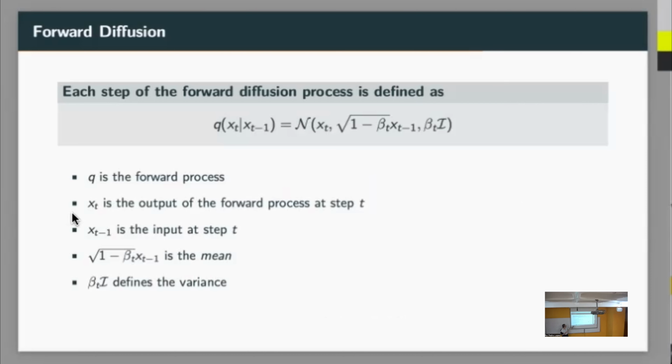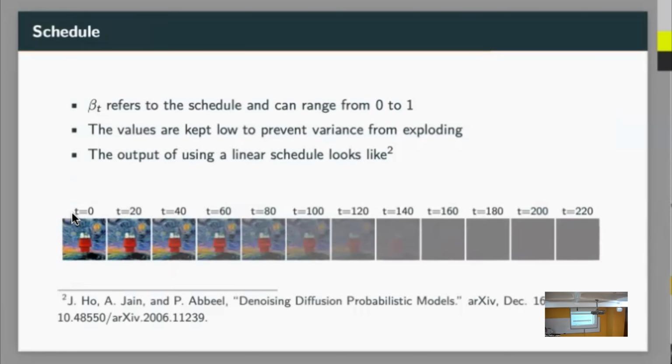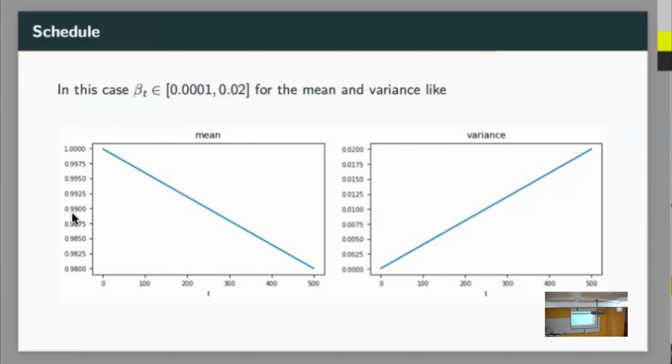What's important here is this beta t. This beta t is called the scheduler. And the scheduler gives us the amount of noise we have per timestep. For example, in 220 timesteps, this is the linear scheduler. So I'm destroying the image, and more or less from the middle, it starts to be almost unrecognizable.